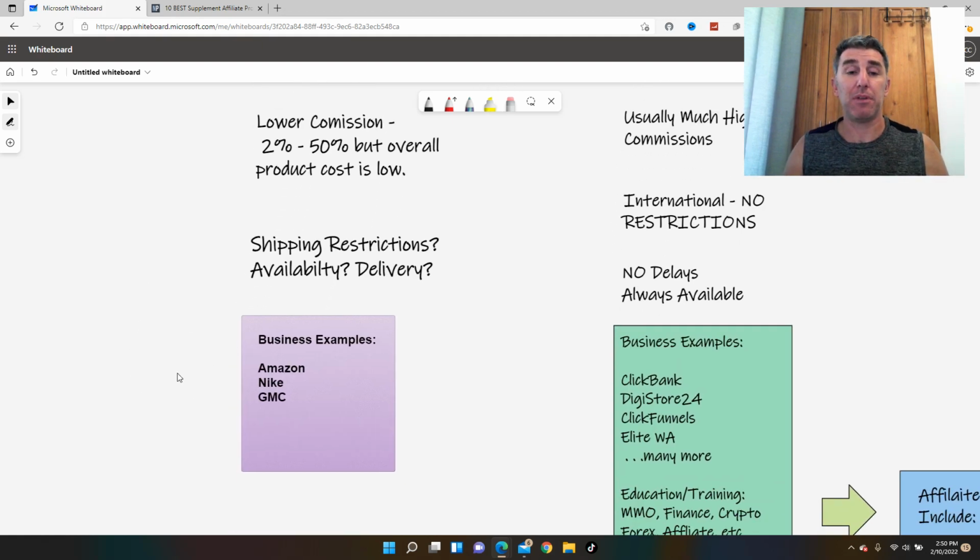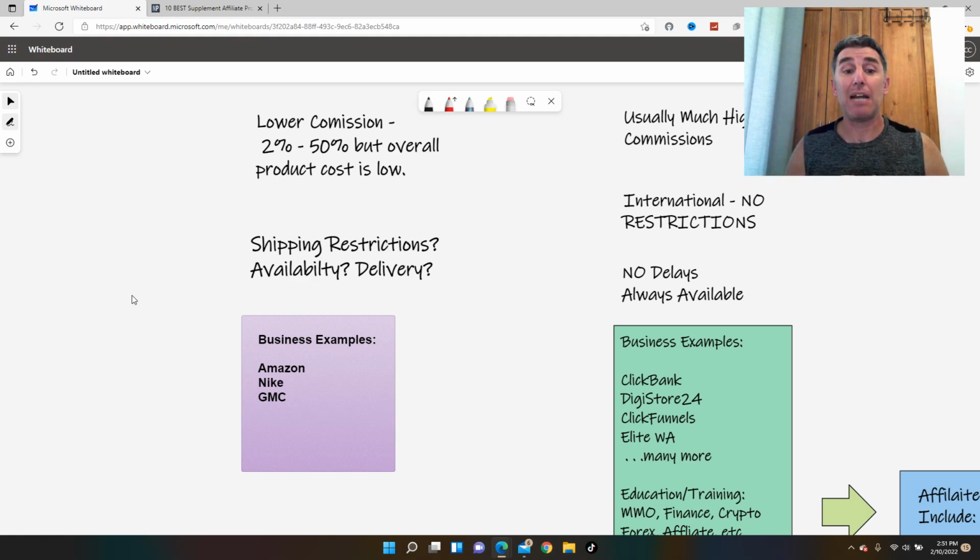Examples of some of these low ticket physical items: Amazon, again, 2 to 10%. That's about what you make, and the percentage varies based on the product. If it's health or wellness, or clothing, or electronics, or whatever it is, that's how Amazon dictates what their percentage is.